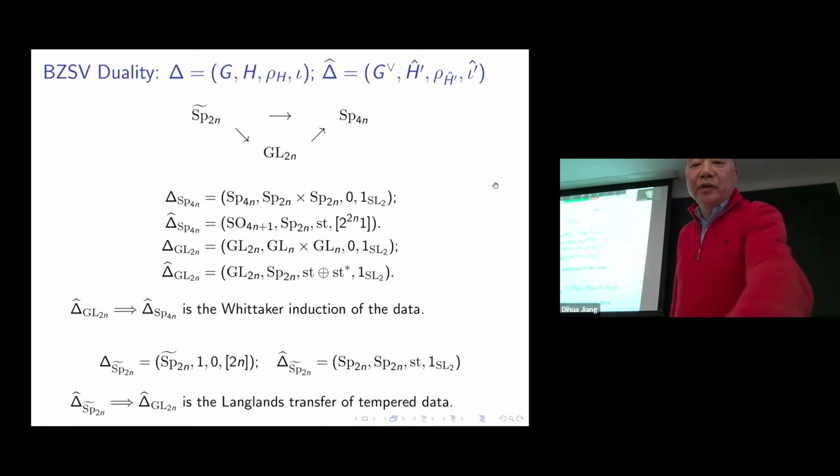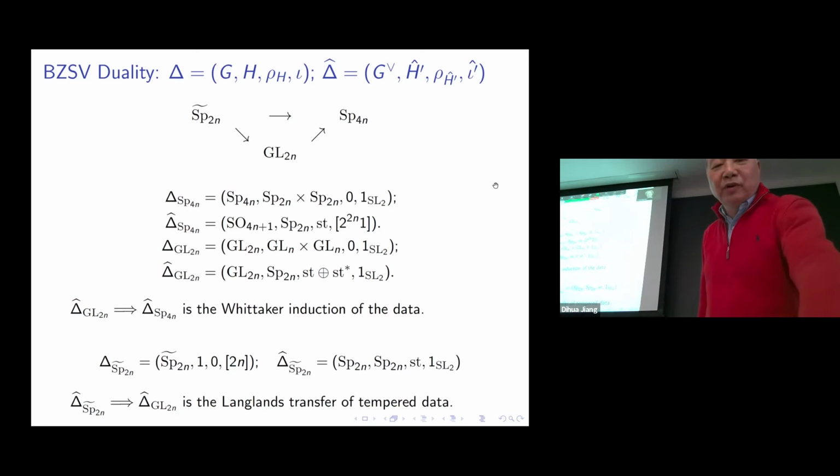And then the linear period will characterize the spectrum. And so again, this is the Whittaker data, Whittaker induction. And then for SP tilde, you get a generic guy, it's like this. And the dual side is for the tempered data. So that the transfer for Langlands is like this. But of course, the quadruple I'm talking about here includes the metaplectic covering group. Yeah, so that's.